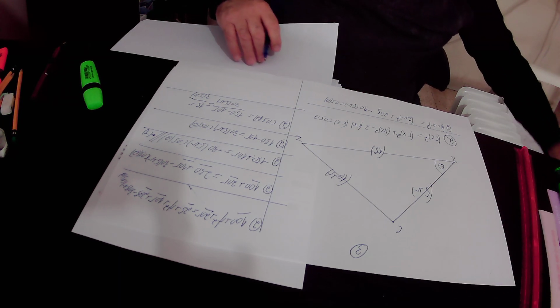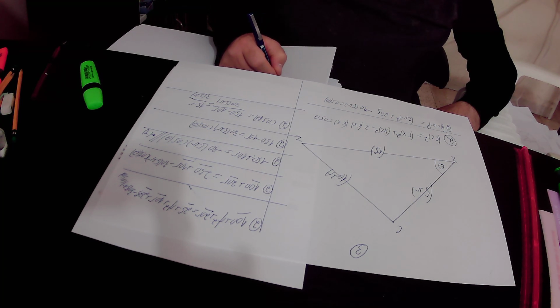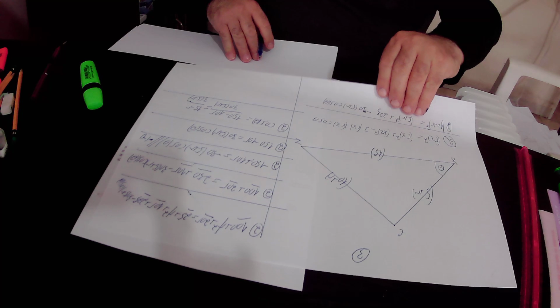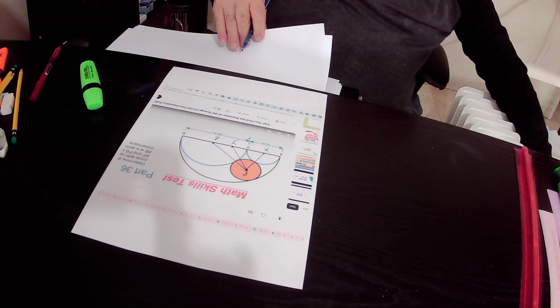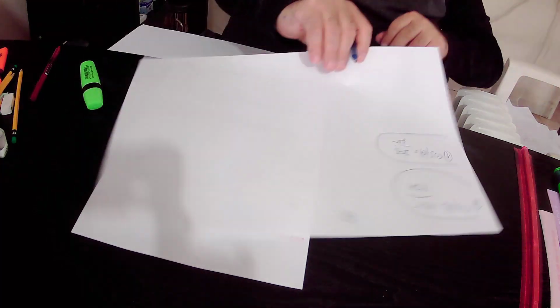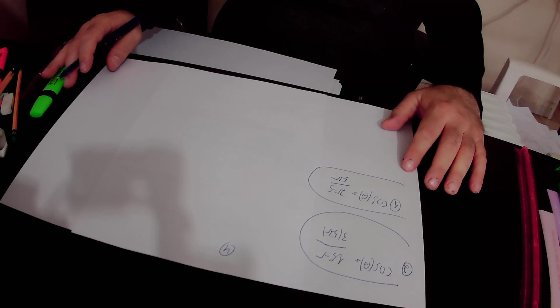But according to equation number 1, we have already found out that cosine theta is equal to (2r minus 5) over (5 plus r). So we actually have two different expressions for cosine theta.